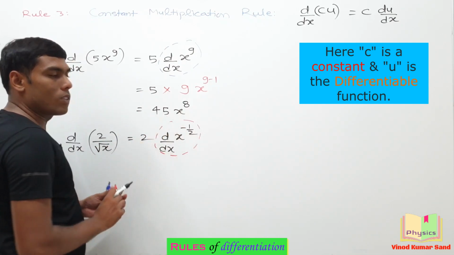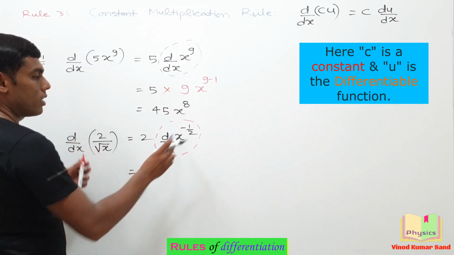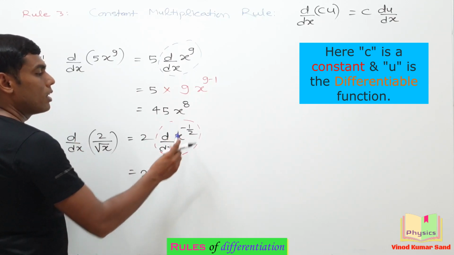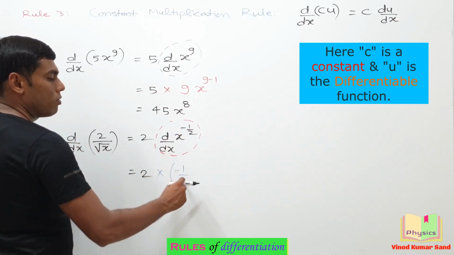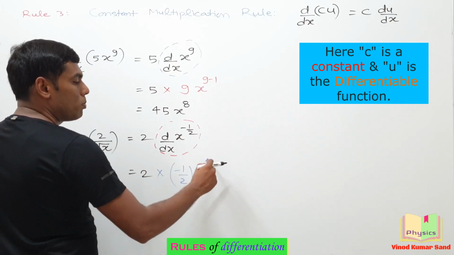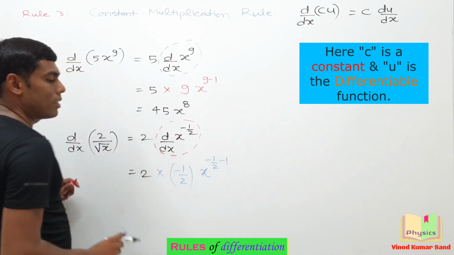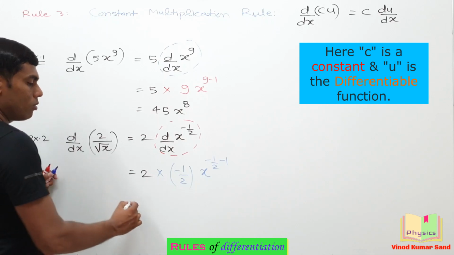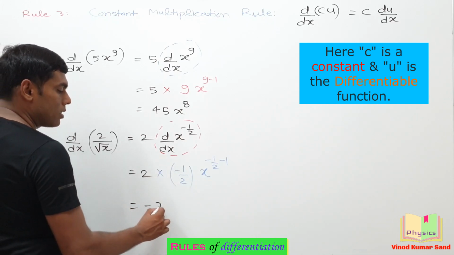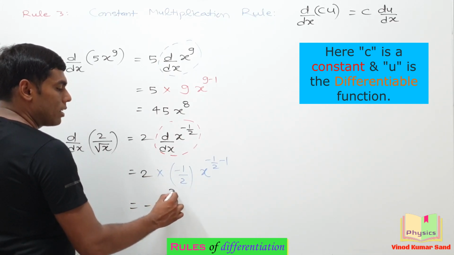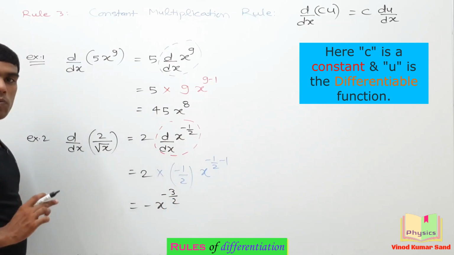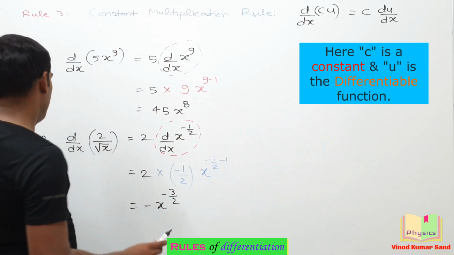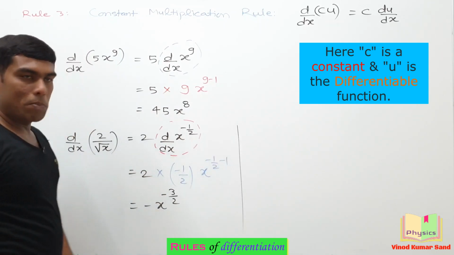This 2 stays here and we are going to simplify it. This minus half, and then x to the power minus half minus 1. This will be the final answer: minus x to the power minus 3 by 2. Getting my point?